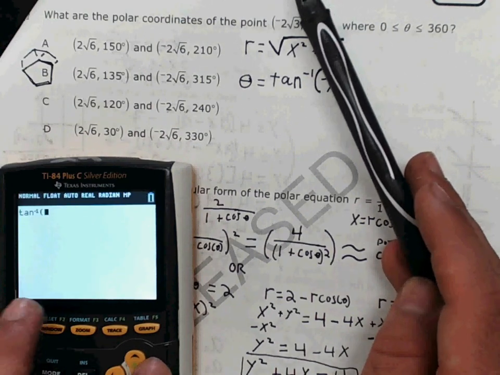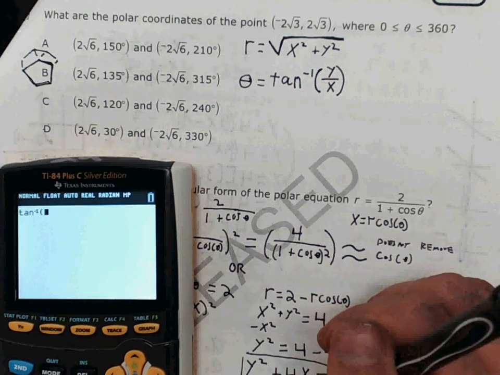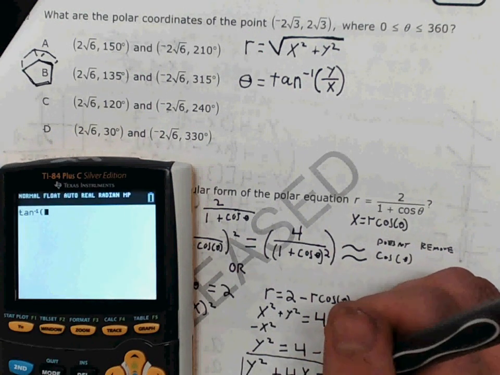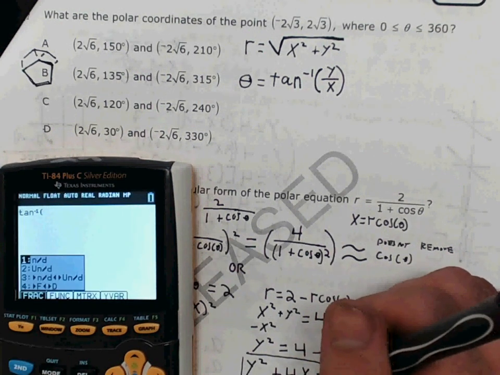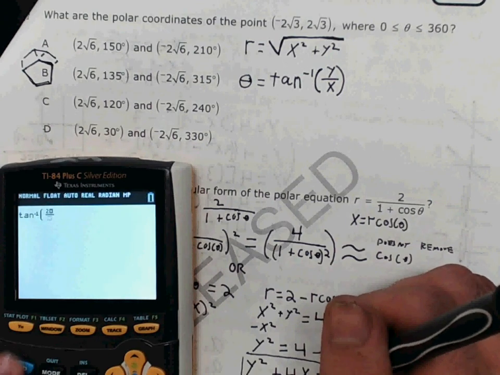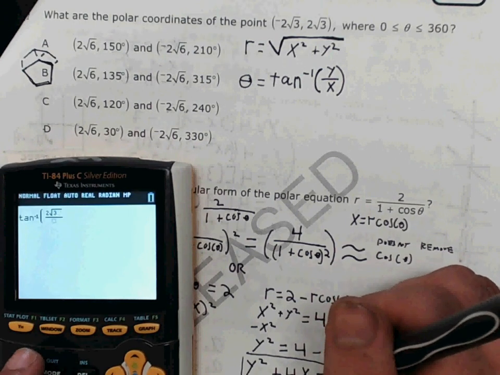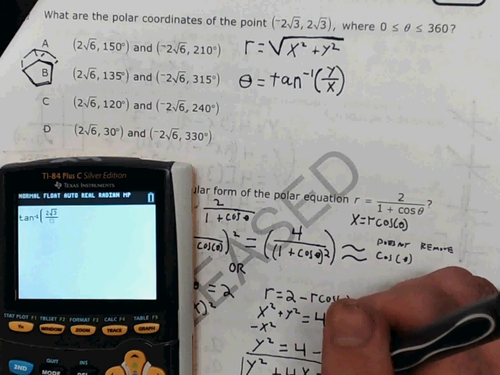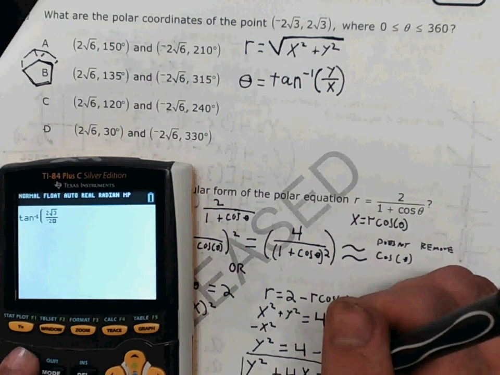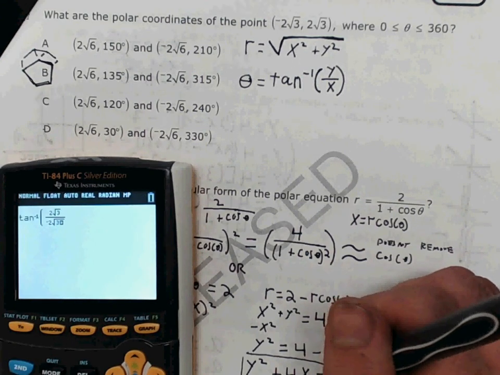So let's read the question, Mr. Law. Take the inverse tangent of the y-coordinate, 2 times the square root of 3, over the x-coordinate, negative 2 times the square root of 3.